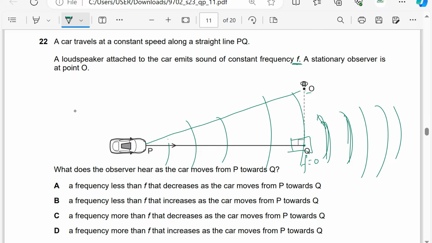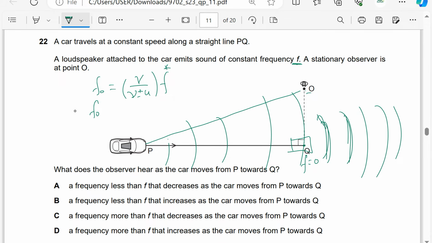From the Doppler formula, the observed frequency is equal to V over V plus or minus U times F, which is the constant frequency. Now, if it is moving towards the observer, we use a minus.